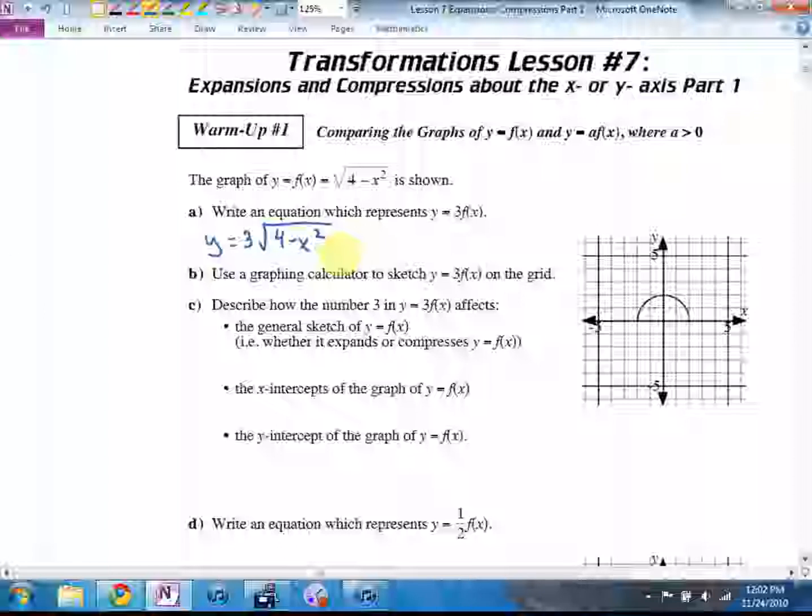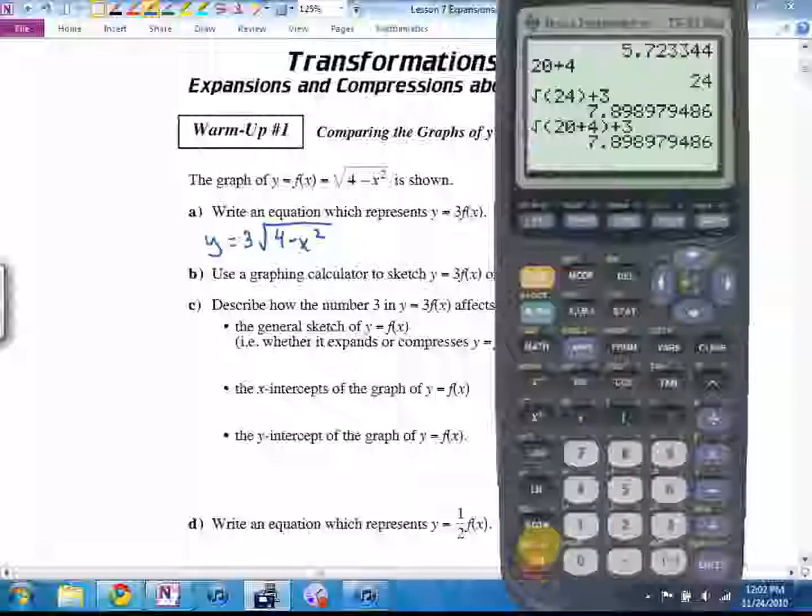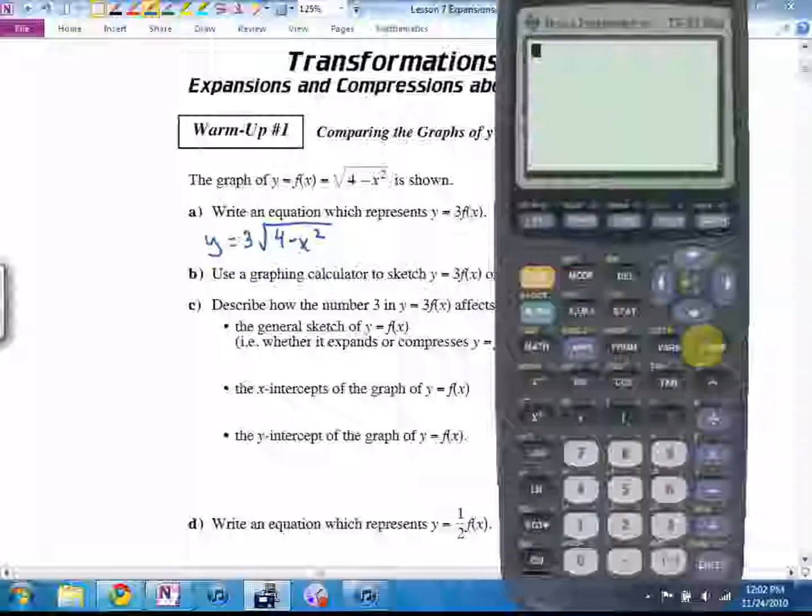And then it says, use a graphing calculator to sketch this on the grid. Okay, let's get out our graphing calculators finally. We've done most of these in our head, but let's see if we can figure out what's going on here. And I'm going to go y equals and clear whatever I have there. And I'm going to do the first graph. Now the first graph is square root of 4 minus x squared.